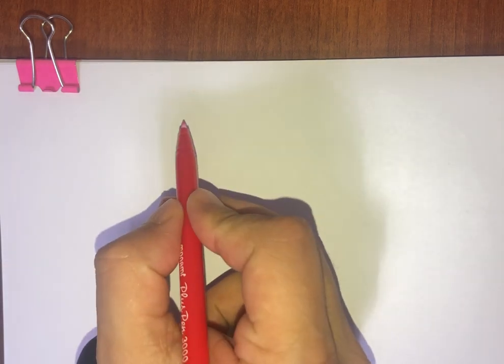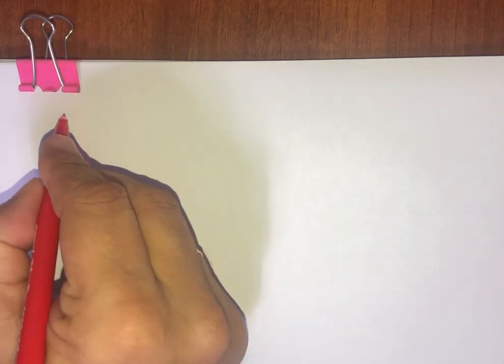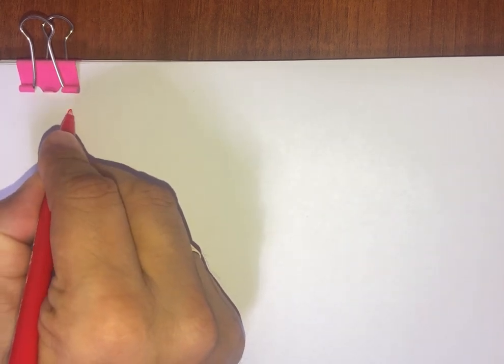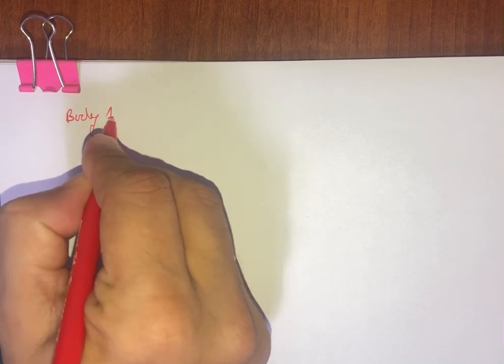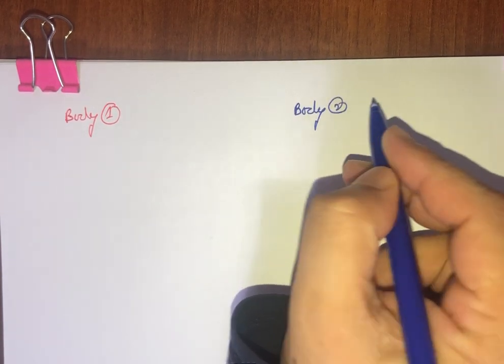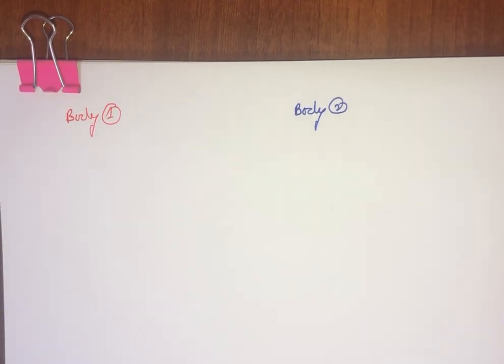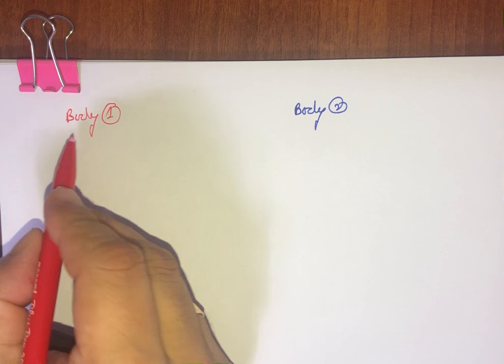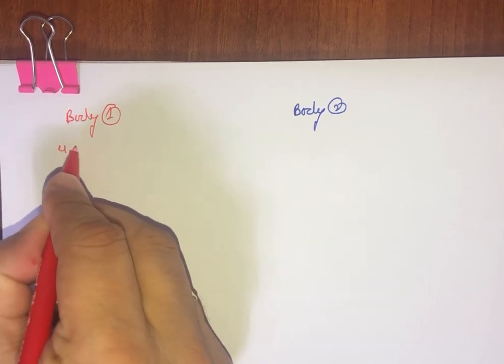So in this case we are given two bodies, and let us call them body 1 and body 2. The initial velocity of body 1, let us call this u1, will be equal to 0.